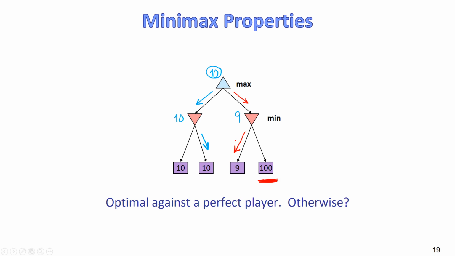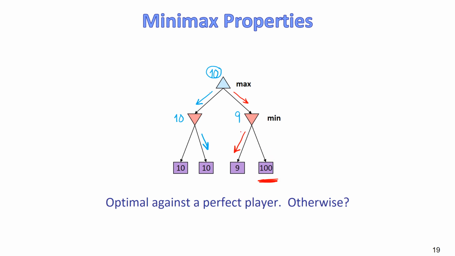This shows the big difference between playing a perfect player and a non-perfect player. If I know that the player against me is perfect, then I will have to choose this path. If I know that the player against me is not perfect, then there is a chance that if I go this way, I might get here.